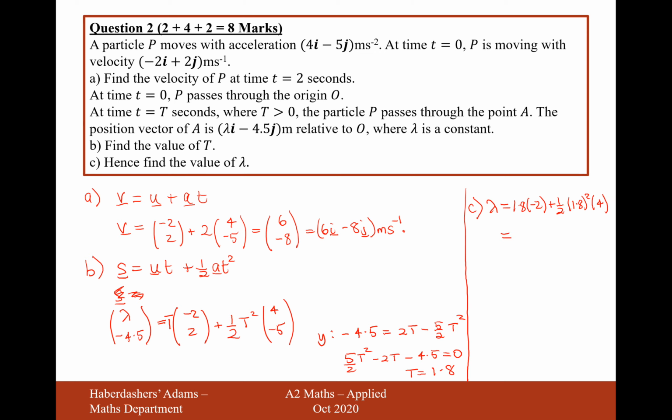Let's type that all into the calculator: 1.8 times minus 2, add 0.5 times 1.8 squared times 4, and that will give us an answer of 2.88. So lambda equals 2.88 is the answer for part C.